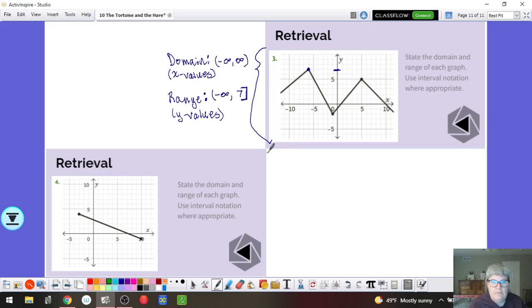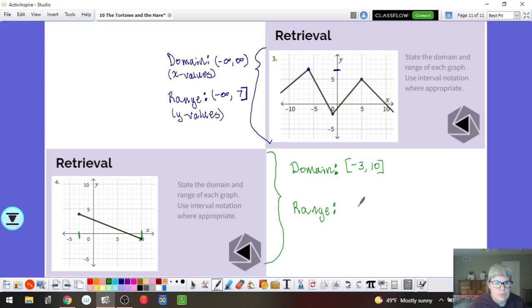If we look at the graph for number 4, we're going to do the same thing. Find the domain, which is x values, and the range. What is different about this graph is we know that it has a definite ending and starting point. So this graph goes as far left as -3 and as far right as 10, with solid points at each end, so we can define the domain as being from -3 to 10.